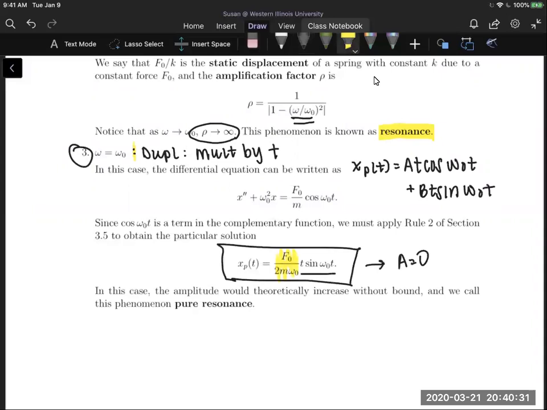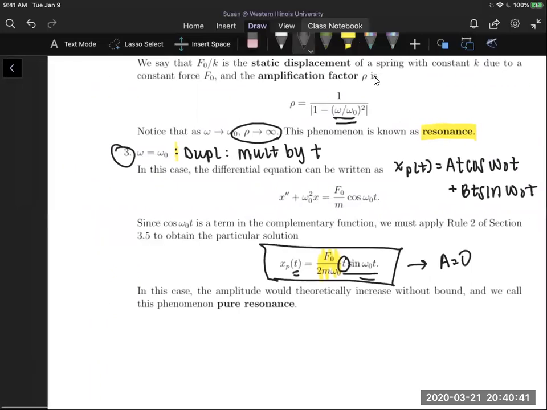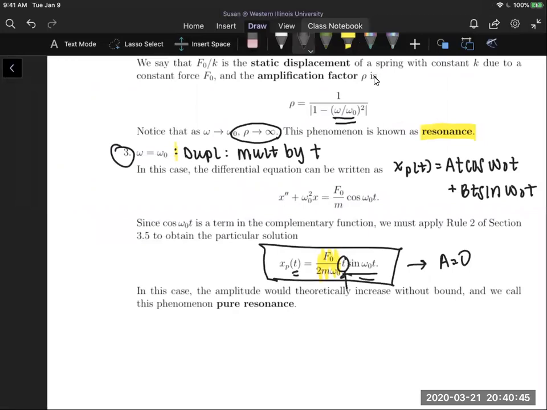What happens is, because of this t in front, as t increases, the sine function continues to bounce up and down, but this t out in front is going to blow up the entire function. And so the amplitude increases without bound. This is called pure resonance. So no longer are you bounded by some oscillating function. It still is oscillating in a sense, but it's oscillating and getting larger as time marches on.